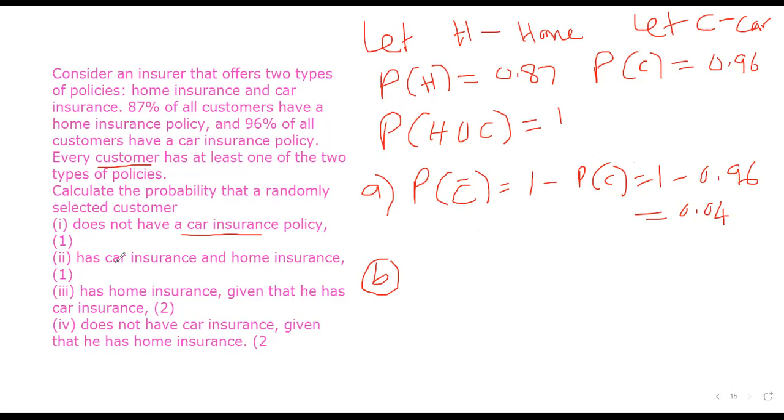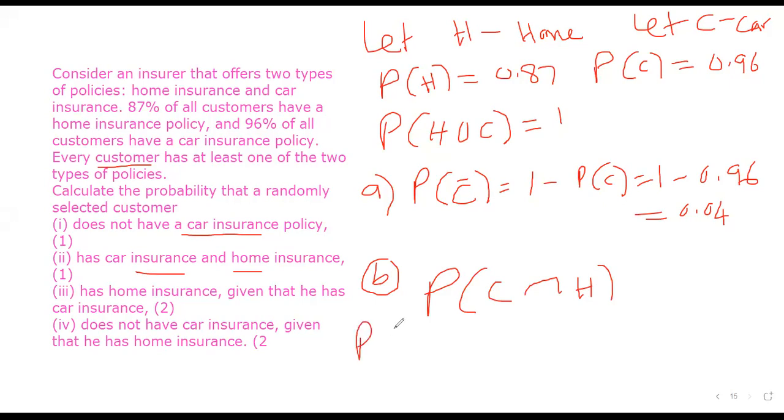Part 2, what's the probability that one has a car insurance and a home insurance? What are they asking for? The intersection. Yeah. Of C intersection H. All right. Formula number 2, which we had.